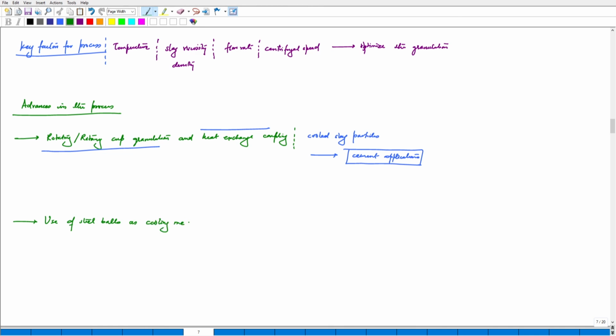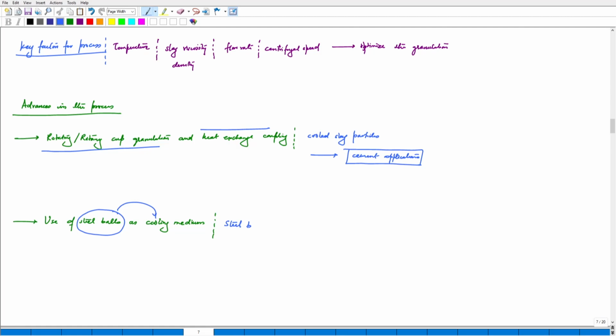It is in reality acting as a cooling medium. One might wonder why we are adding a cluster of steel balls into blast furnace slag. So this is actually acting as a cooling medium.